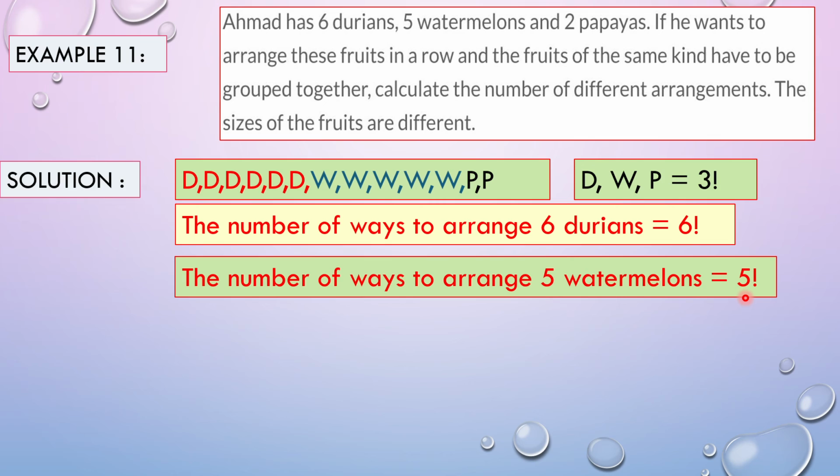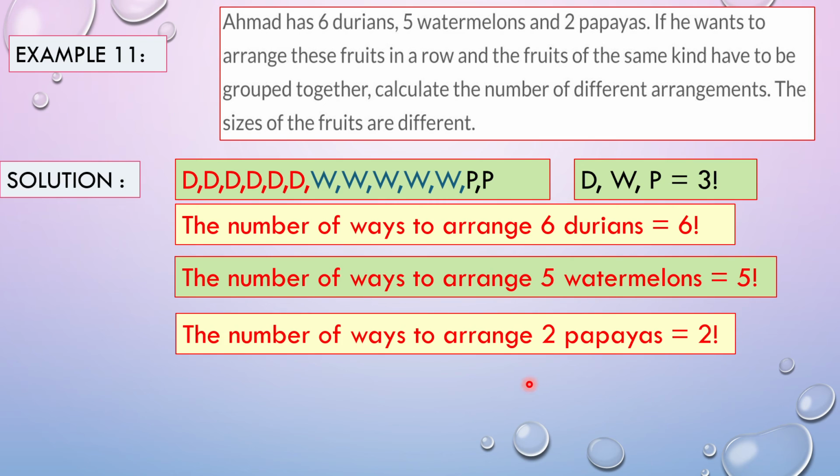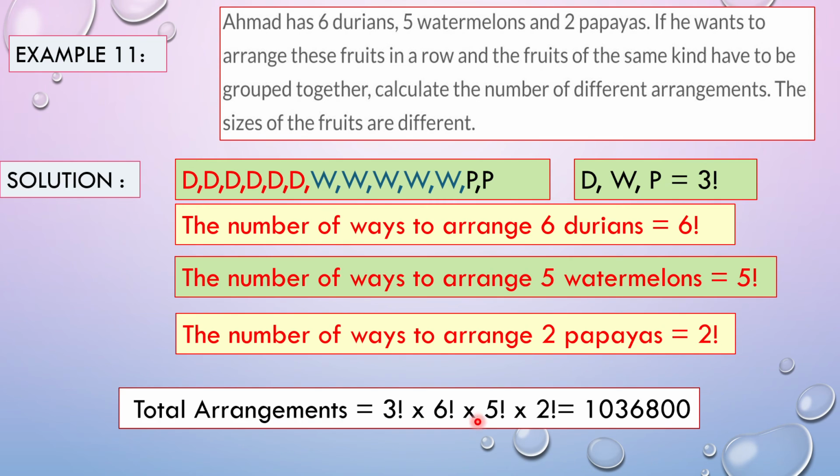So the total number of arrangements for these 5 watermelons will be 5 factorial, followed by the arrangement for 2 papayas, so 2 factorial. So multiply all this and you will obtain the answer, that is 1,036,800.